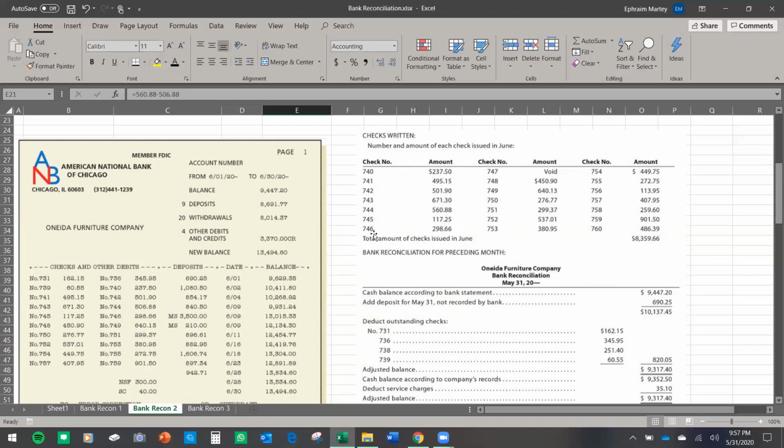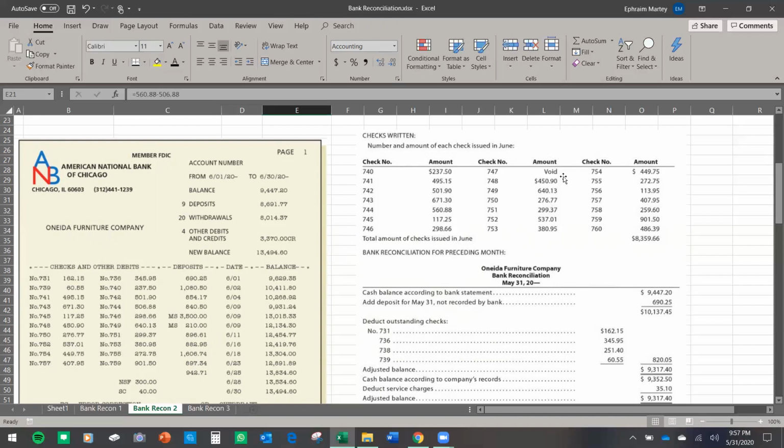So that is correct. We don't do anything. Check number 746. Where is it? Okay, right here, 298.60, 298.60, that is correct. Once the amounts are correct, we don't do anything.